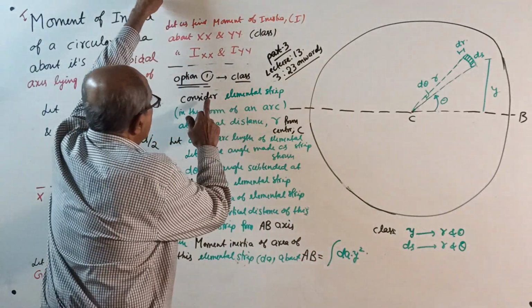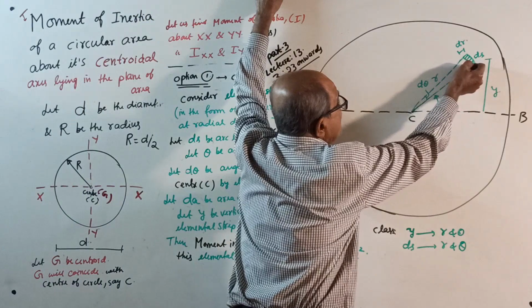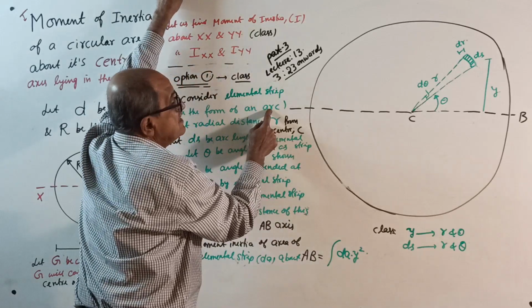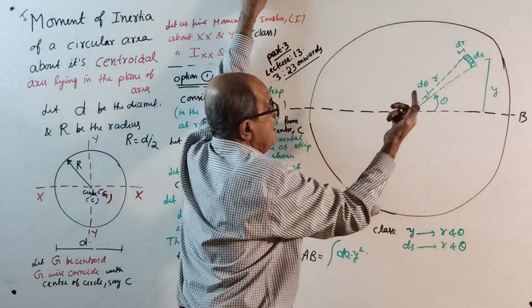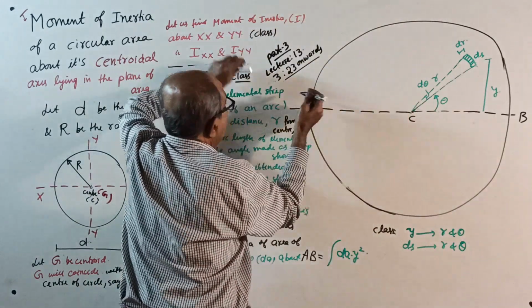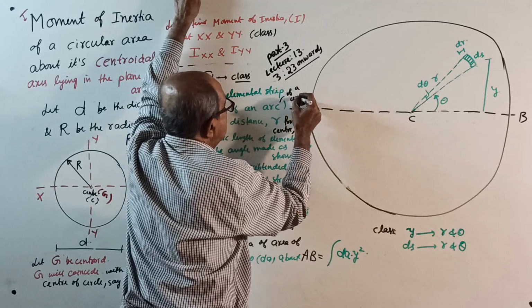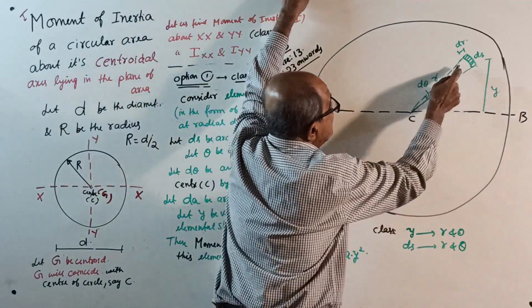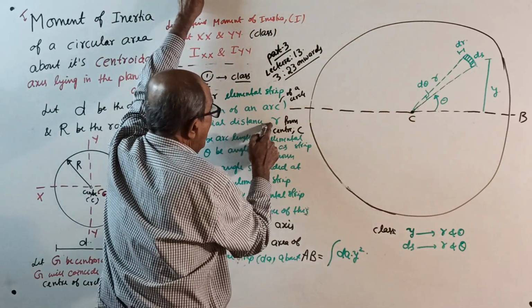See, consider an elemental strip, a small strip. Remember, in the form of an arc. Arc of a circle. You write here: arc of a circle at radial distance r from center.